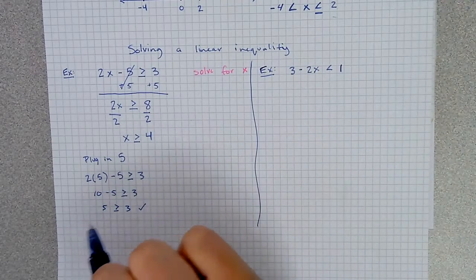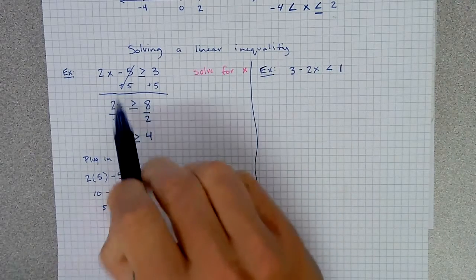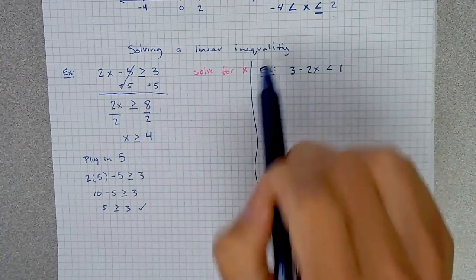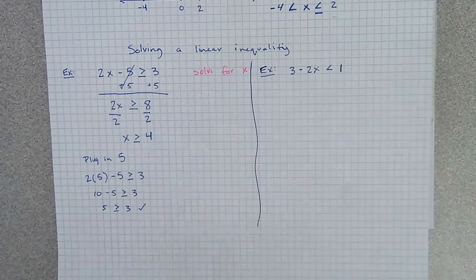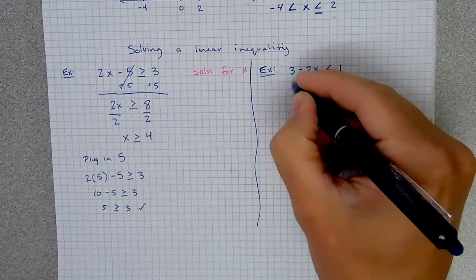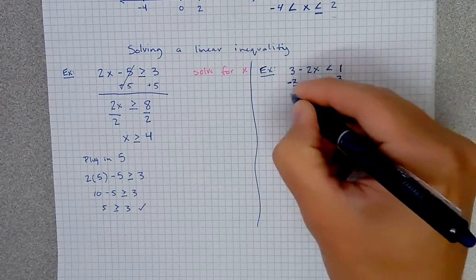Okay, so basically anytime you're solving a linear inequality, you're treating it just like if it was an equal sign, except with one little catch. And that little catch is in this next example. We have 3 minus 2x is less than 1. We're going to solve for x just like we would.